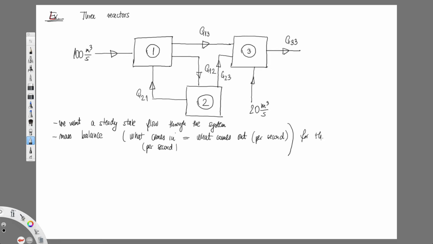For the entire system, 100 plus 20 meter cube per second is equal to Q33. So Q33 is actually known. It's equal to 120.